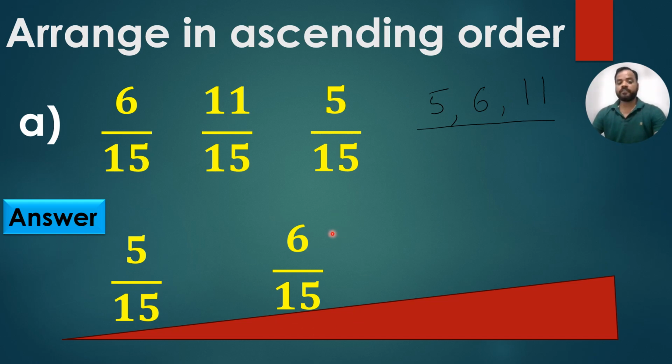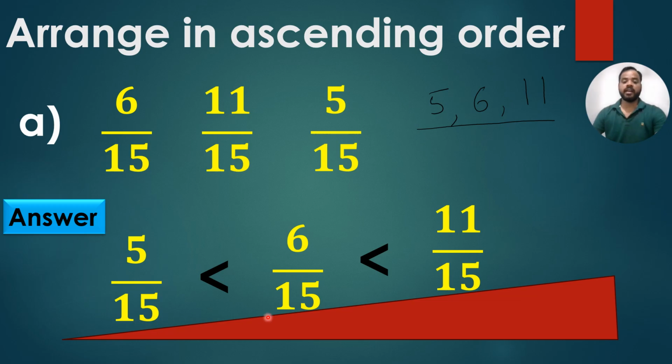Then comes 11. So 11 is greater than 6. Therefore, 11 by 15 is greater than 6 by 15. So this is the way we write the ascending order.